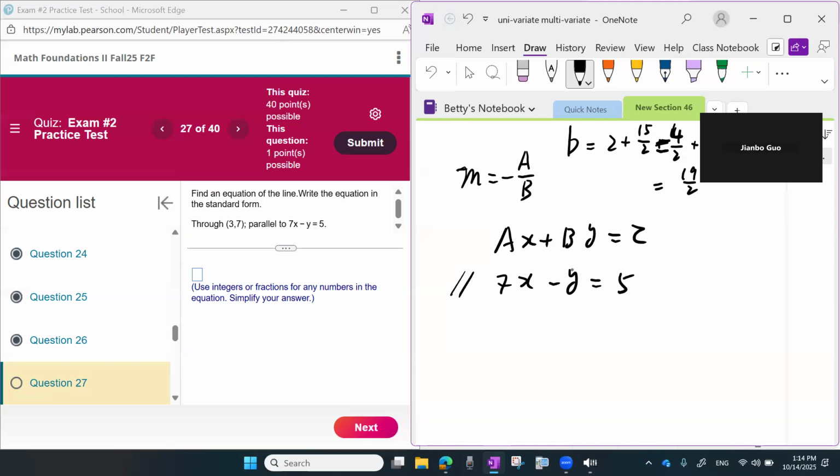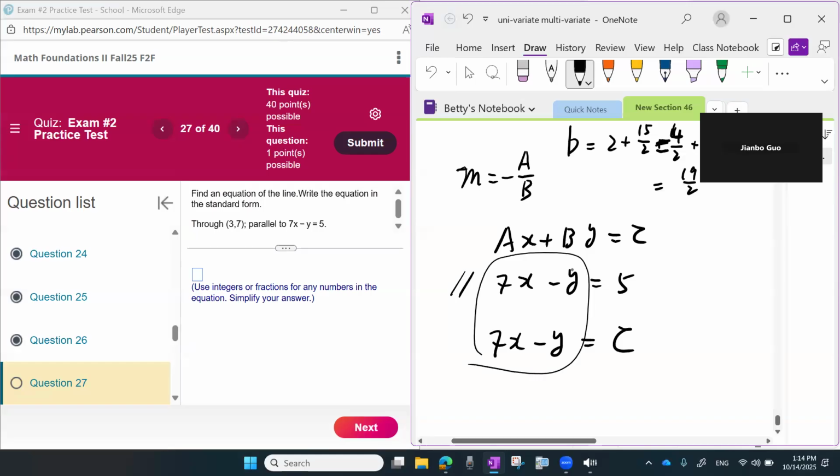That means they have the same left side. So we are able to write the equation we are looking for as 7x minus y equals c. The left side determines the slope, okay?